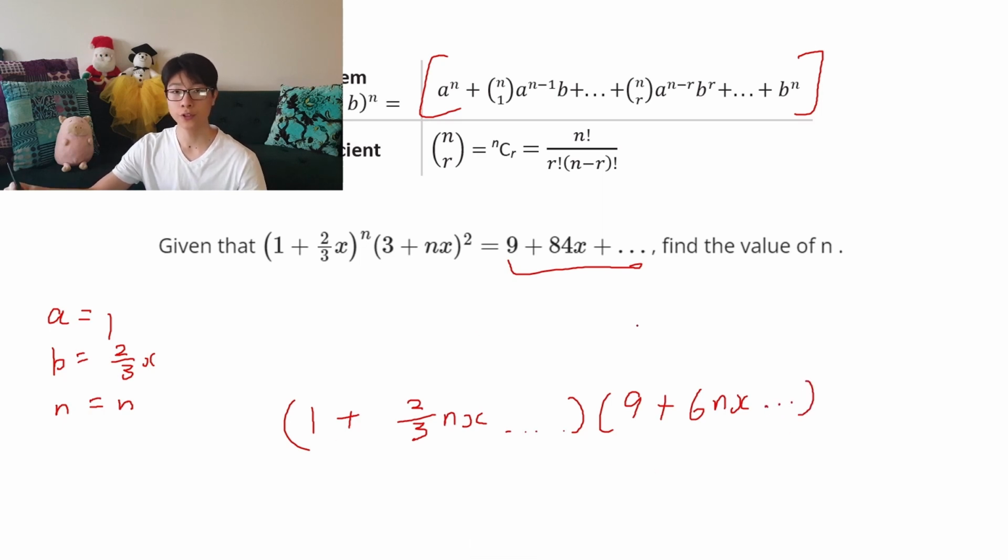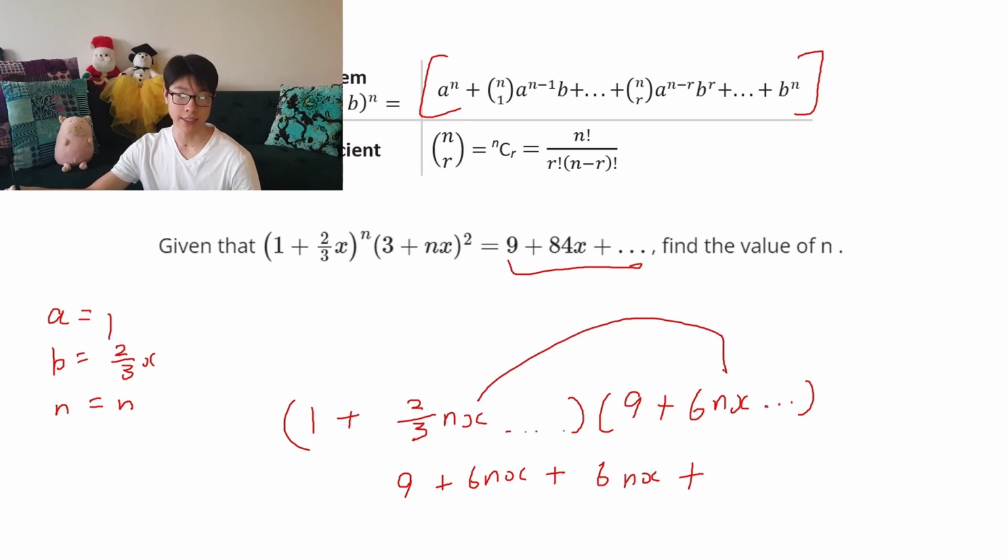So we will have 4 terms only in total, and let's multiply them out one by one. 1 multiplied by 9 is 9, 1 multiplied by 6nx is 6nx, 2 on 3 nx multiplied by 9 will give us 18 on 3 nx, and 18 on 3 can just be simplified into 6. And our last term here will be 2 on 3 nx multiplied by 6nx, and I actually don't need to write this out because it will equal an x squared term because the x's multiply. And again, we do not need the x squared term, so we can just ignore that for now. And now we are only left with 3 terms.